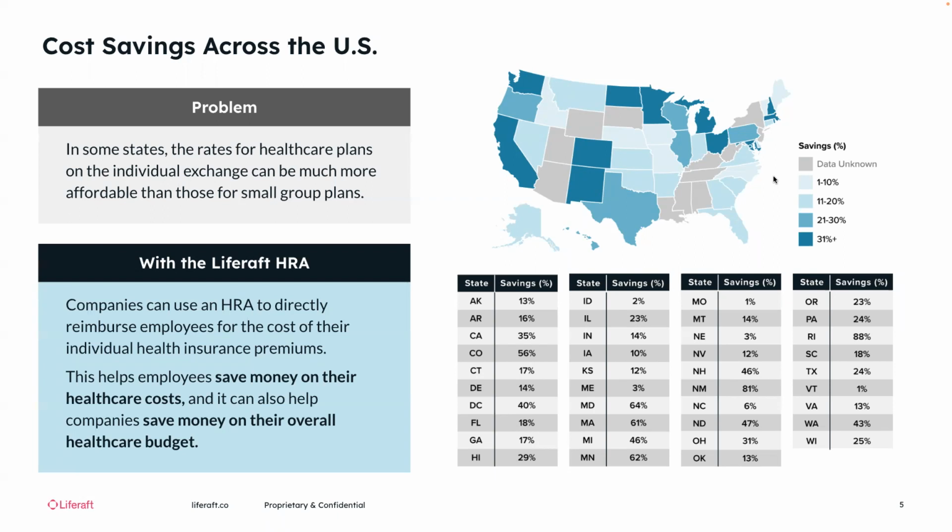And so we've seen a lot of companies use the HRA to directly reimburse health insurance premiums used to buy individual market plans. And that's going to do two things. Number one, it's going to save you as a company a lot of money. Number two, it's also possible that you're saving your employees money when you look at the all-in cost of these plans.